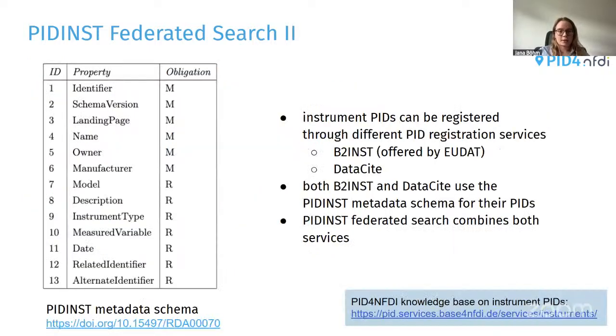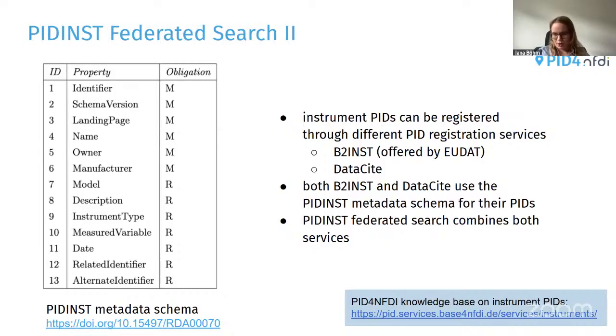So the PID-inst metadata schema is a schema that is commonly used for registering PIDs for instruments, and it has 13 properties. And this schema is implemented by two services. So the B2Inst service that is offered by EUDAT and the DataCite service. And what PID4NFDI did is to build a federated tool that combines both these services into a federated search service.